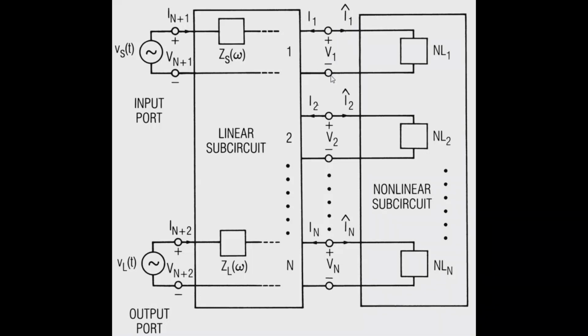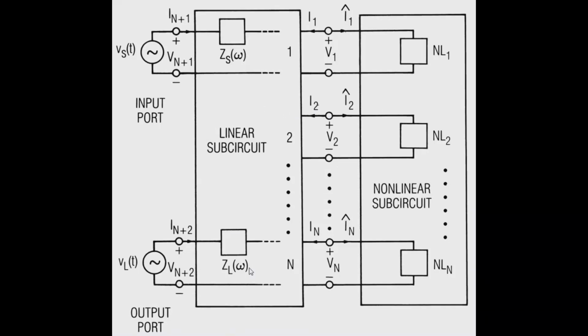And the trick is to find a set of voltages, which of course are our independent variables, which give us the same current in the nonlinear and in the linear subcircuit. Those currents, of course, are the dependent variables. So that's the problem that we have.